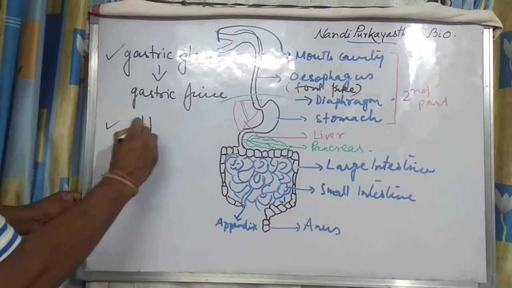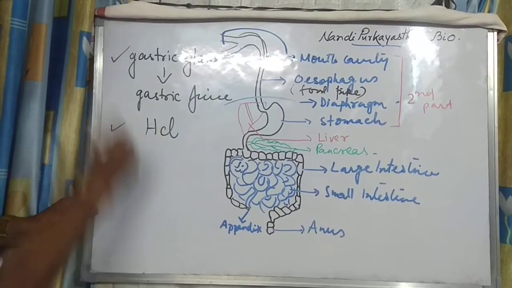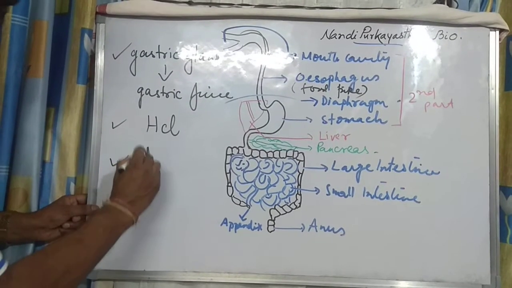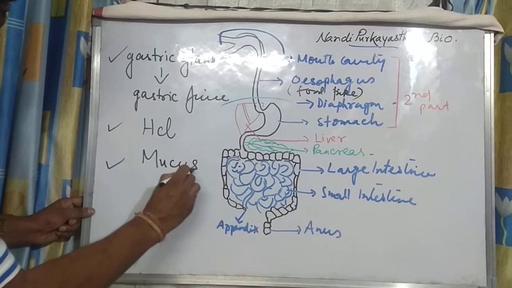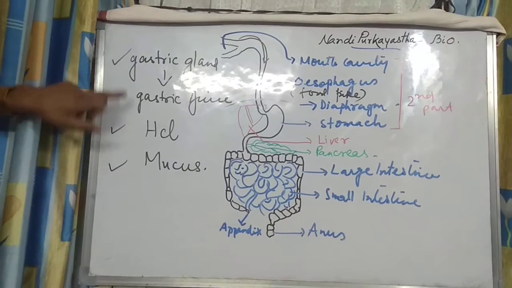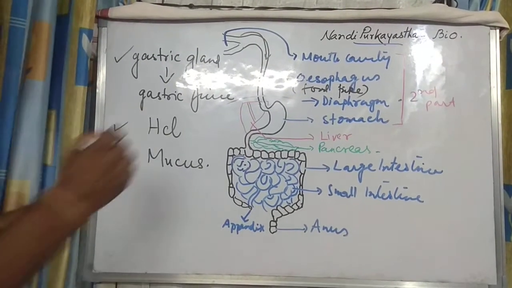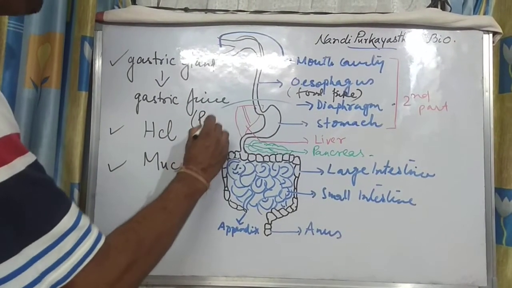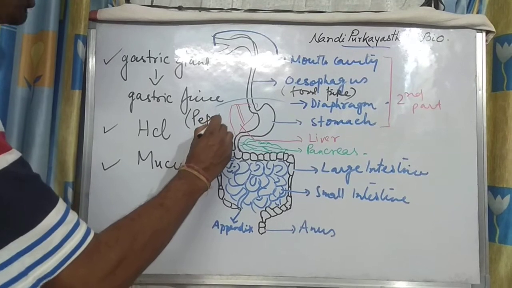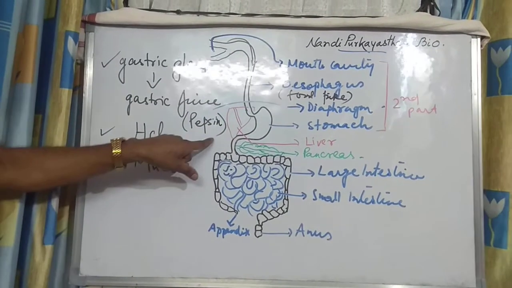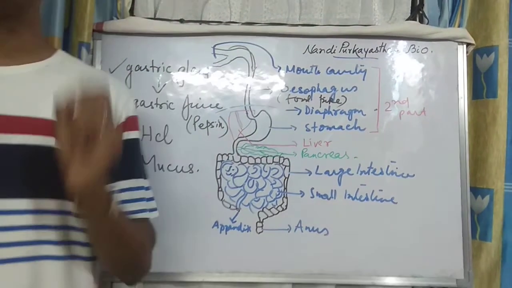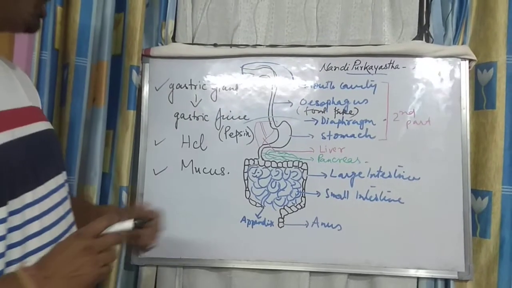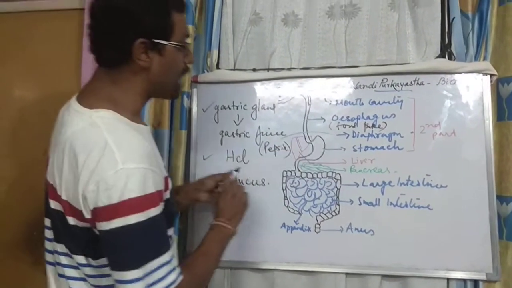It has HCl. Number three, it has mucus. Gastric glands secrete gastric juice, and out of that, pepsin, P-E-P-S-I-N, is most important. It is a protein-breaking enzyme, pepsin. So, coming to the stomach now, this is the stomach.